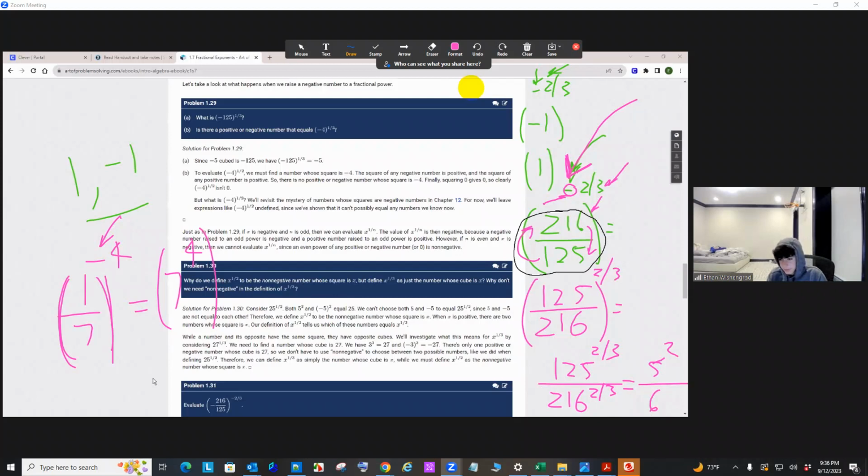It's saying, give me the cube root of 125 and then square it. See, when you said 5, I hope you got it by taking the cube root of 125. Right. So once you do that, you don't say to the 2/3 anymore. You don't do 5 to the 2/3. You've already used up your third.